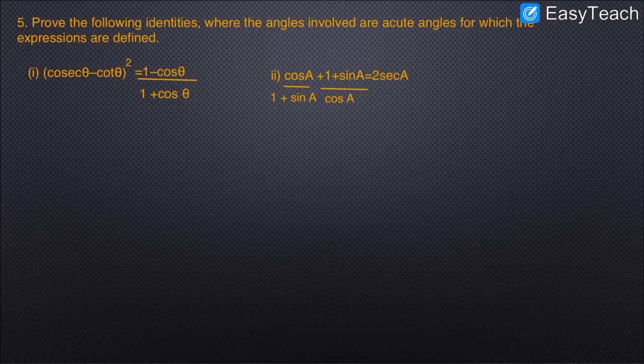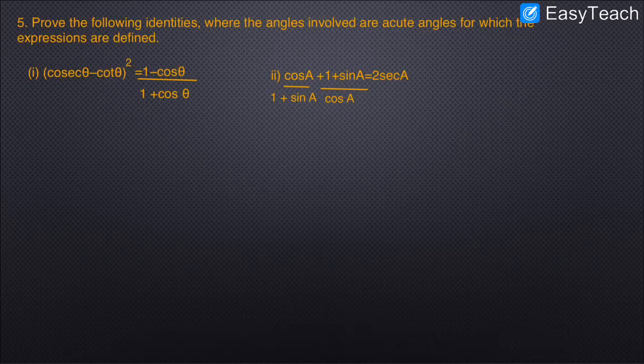Next let's take the RHS. Let's try to get this one, cos A plus 1. So sin square A by 1 minus cos A. Here sin square A is 1 minus cos square A, whole divided by 1 minus cos A. For 1 minus cos square A, I am going to use the formula A square minus B square, which is A plus B into A minus B. So 1 plus cos A into 1 minus cos A. Now 1 minus cos A we can cancel.